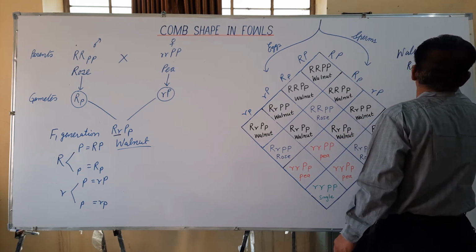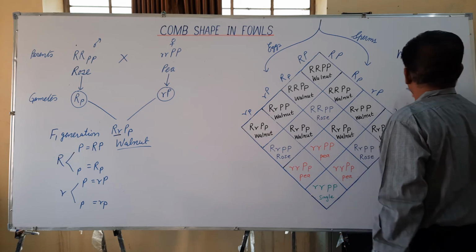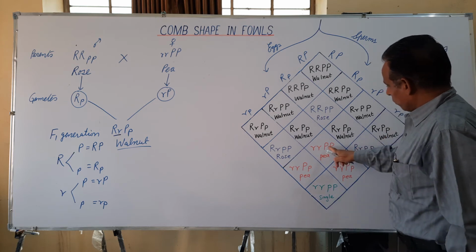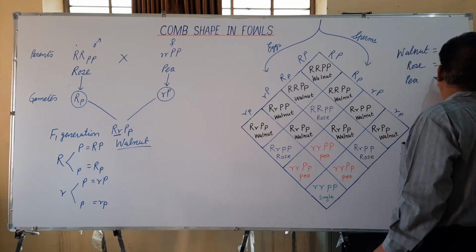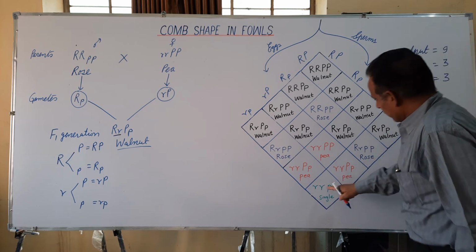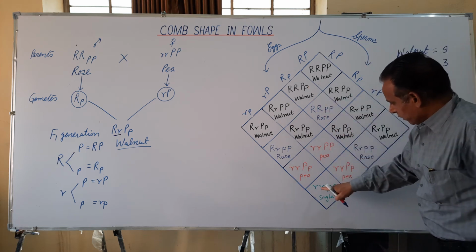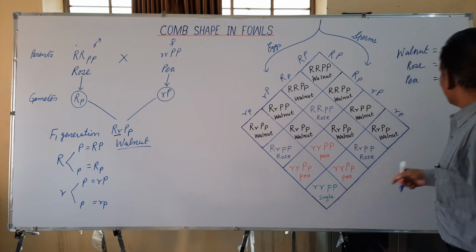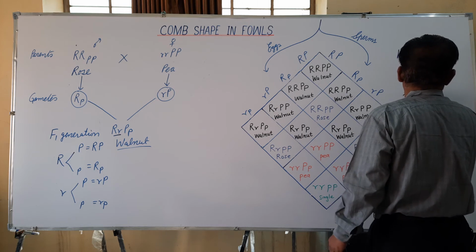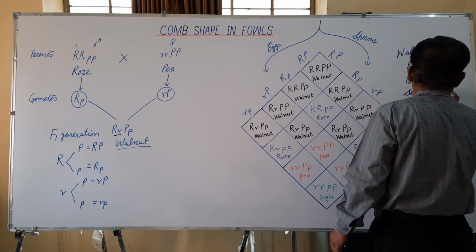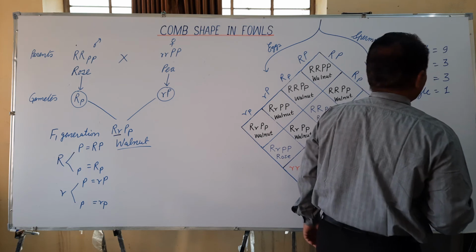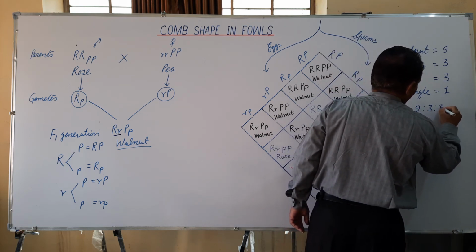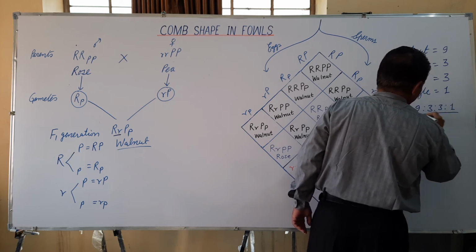So we have rose 3 out of the 16, and P also present in 3: 1, 2 and 3. And in 1, both R and P are present in the recessive condition, so it gives rise to the single shape of the comb. So we have the phenotypic ratio 9 to 3 to 3 to 1.